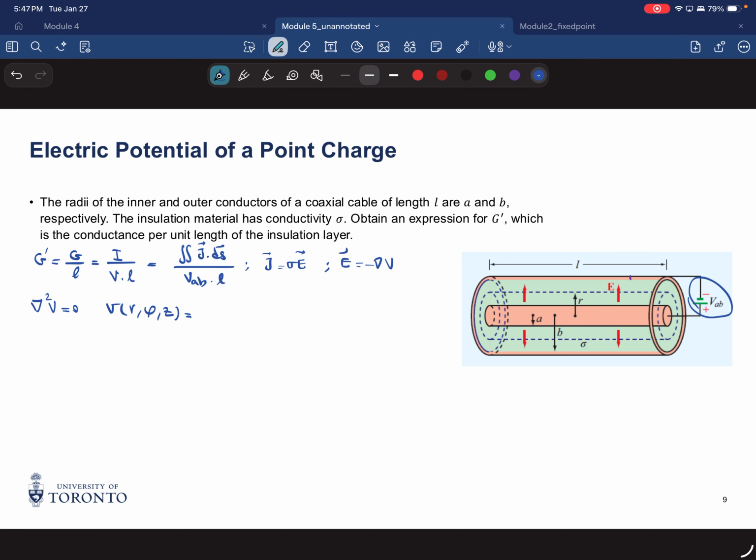Now, looking at our boundary conditions, how can I simplify V? V must be a function of, let's say, one of these. Which one is it? Which one of these do you think it is? Is V a function of phi or z? Anyone else?